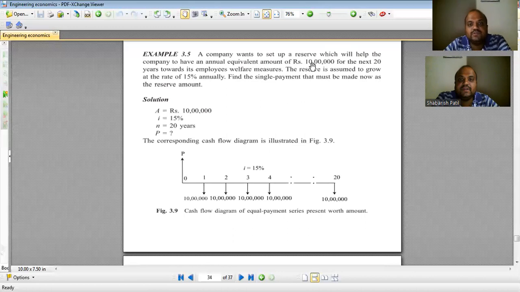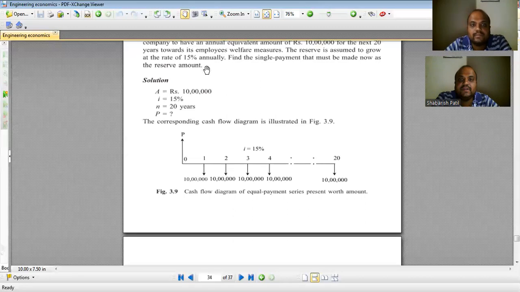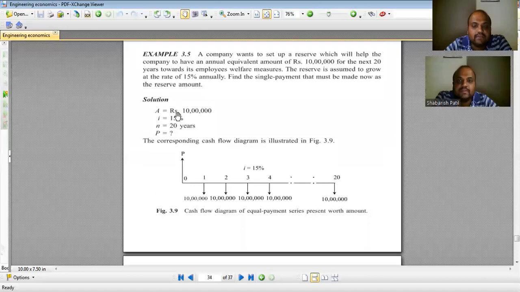Annually, he is supposed to. So, A value is rupees 10 lakhs here. Okay, he wants to take 10 lakhs as a reserve at the end of every year for his employees' welfare measures. So what he wants is at the end of every year, he is keeping some amount for the welfare.